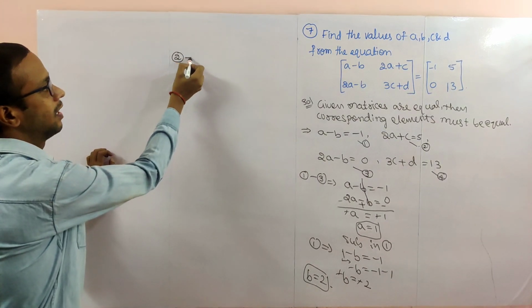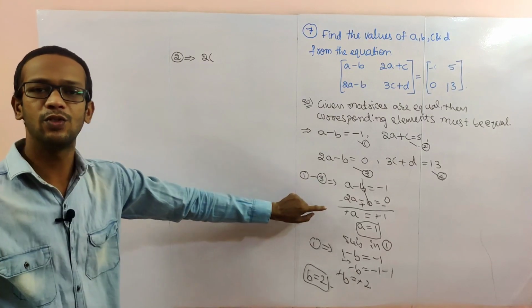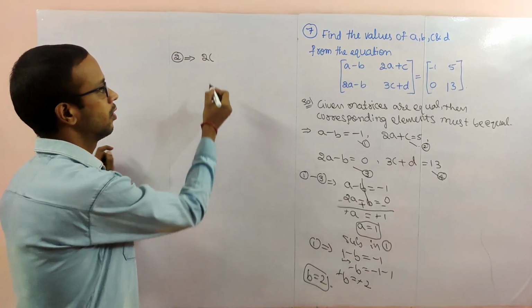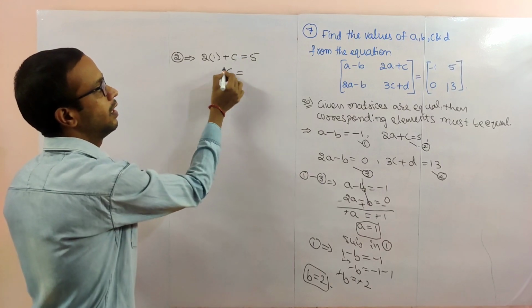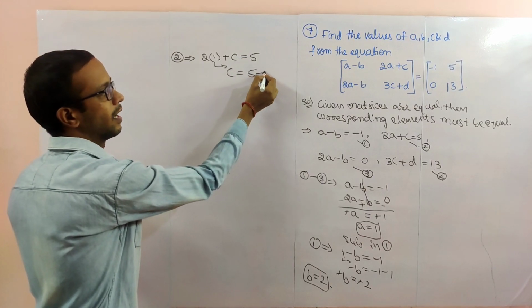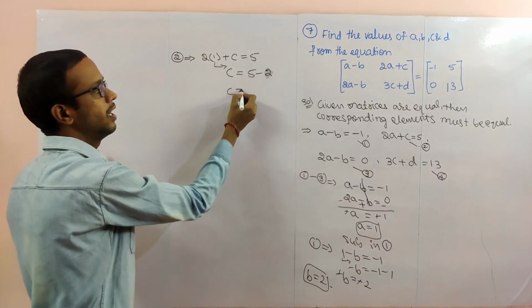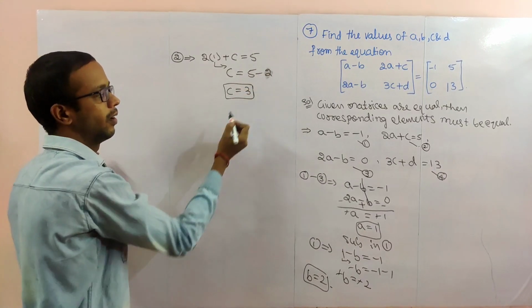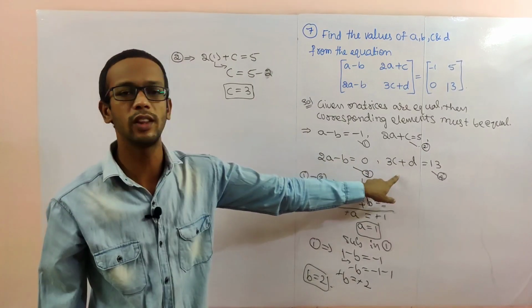Equation 2 implies 2 into a. A, how much did we get? A is 1. So substitute here: 2 plus c is equal to 5. C is equal to, if you send it to the right side, it will become 3. C is equal to how much will you get? 3. This c value 3 substitute in the fourth equation.